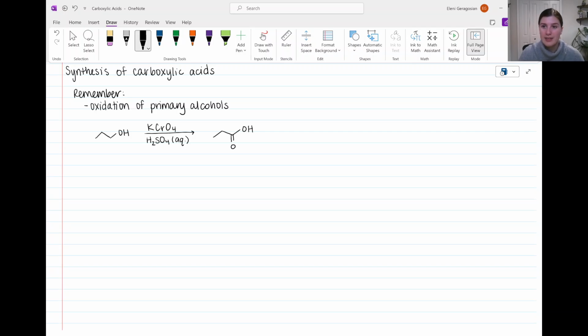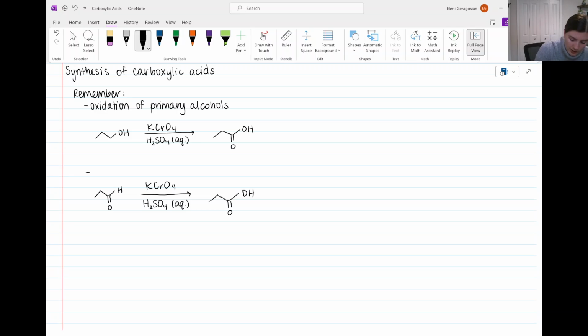And so similarly, if you're starting with an aldehyde, so let's say we have propanal, and add one of those chromate reagents, again with the presence of an acid in water, then this reaction would also produce the carboxylic acid.